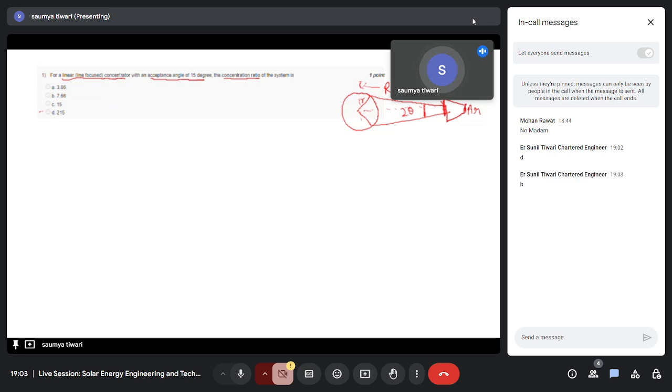Now, in the question what has been given is your acceptance angle. So your acceptance angle will be 2 theta. It's given 15 degree, right? Now we already know that for a linear or line focused concentrator, your concentration ratio is given as area of aperture upon area of receiver, which is equal to 1 by sine theta, right?